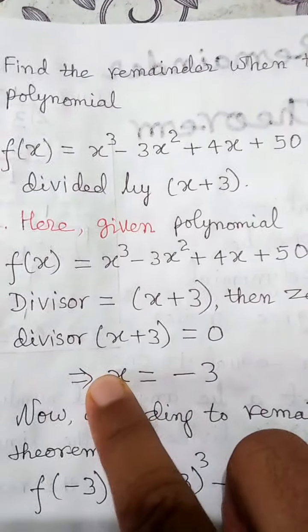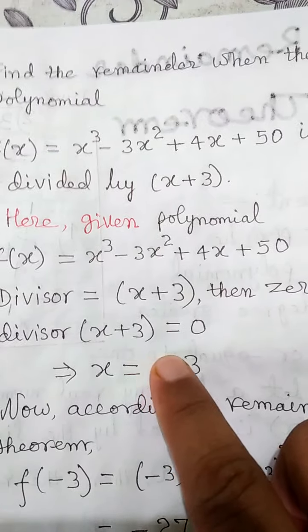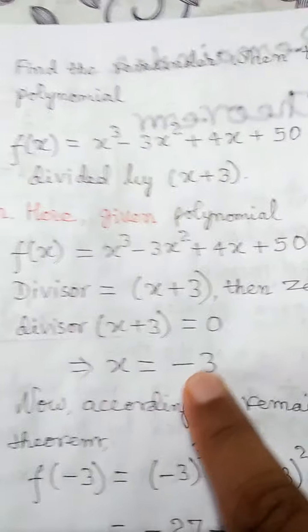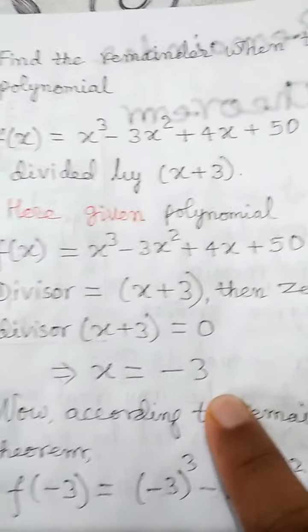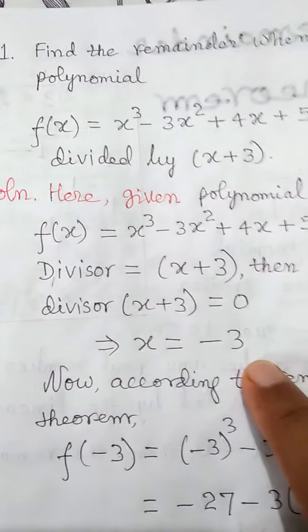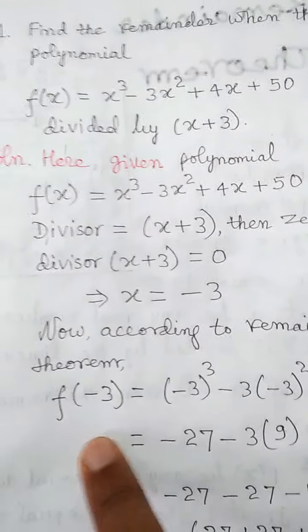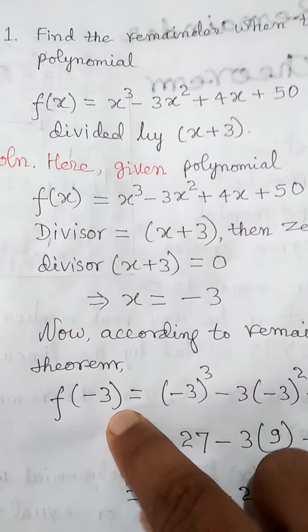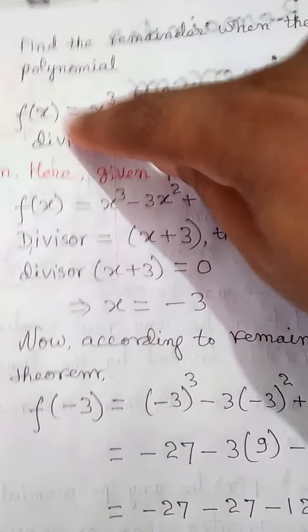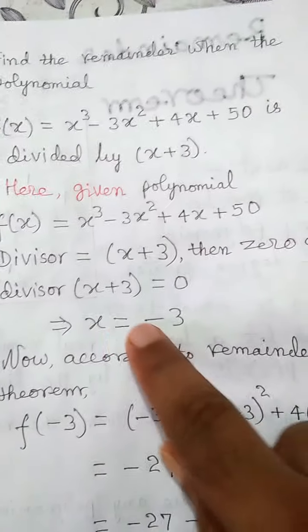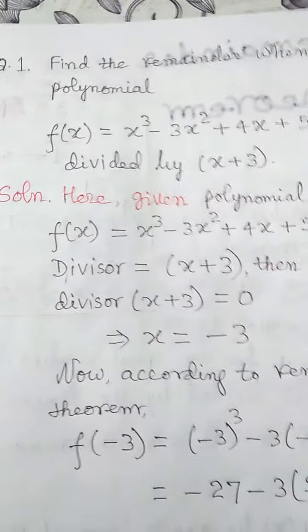Then the zero of the divisor x plus 3 will be obtained by equating it to 0, which implies that x is equal to minus 3. Now put this value in this f(x). According to the remainder theorem, f(minus 3) is the value at the zero of this divisor, by which we are going to divide the given polynomial.